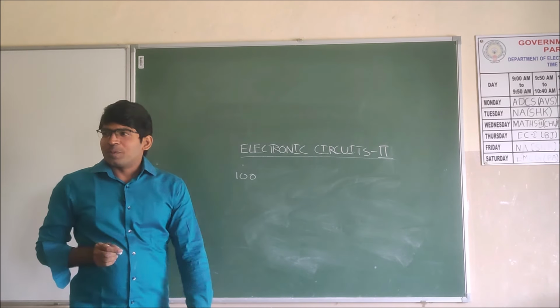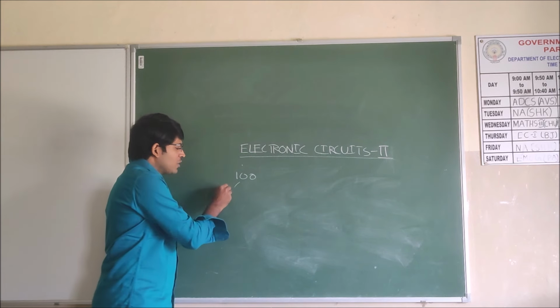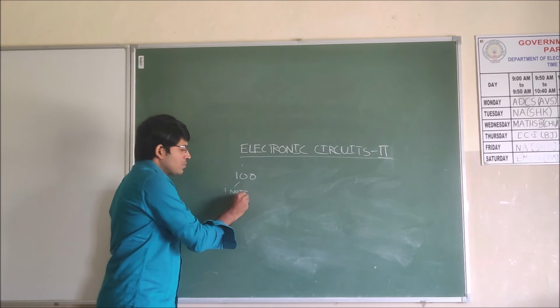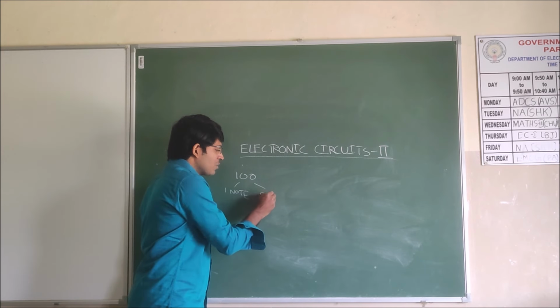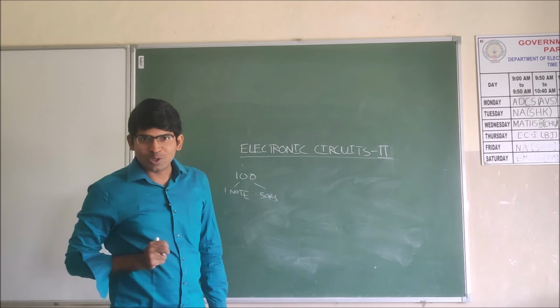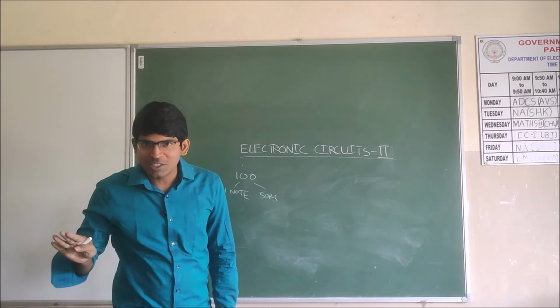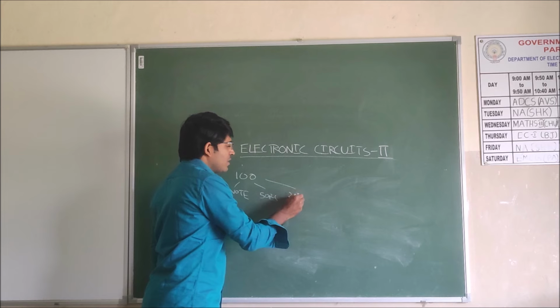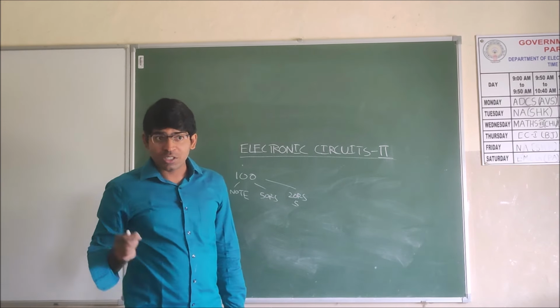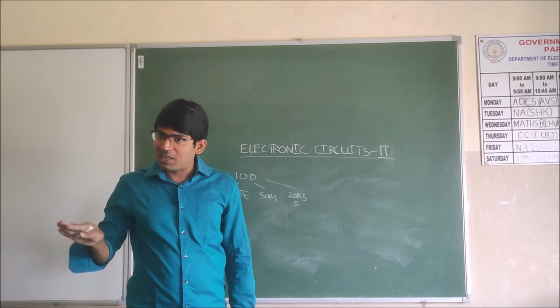100 rupees I can represent with a 100 rupee note. Am I right? And I can even represent it with two 50 rupee notes. Still the denomination is 100 rupees. I can even represent it with five 20 rupee notes. Still the denomination is same.